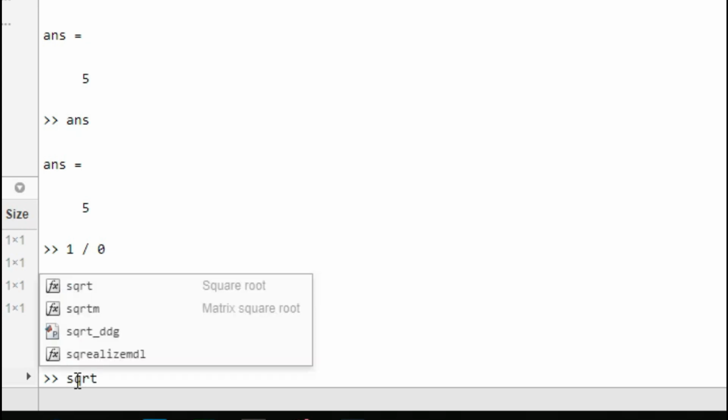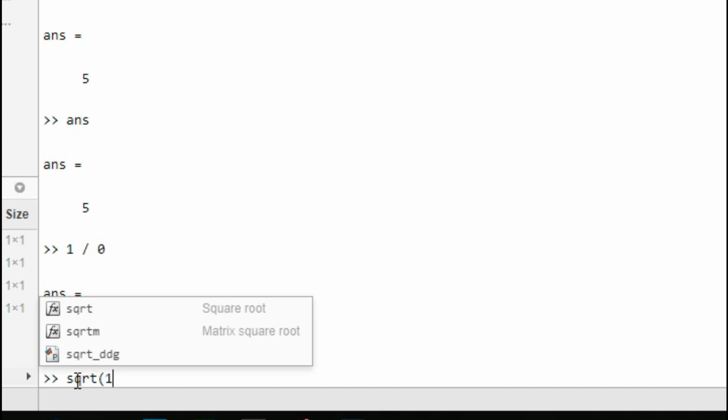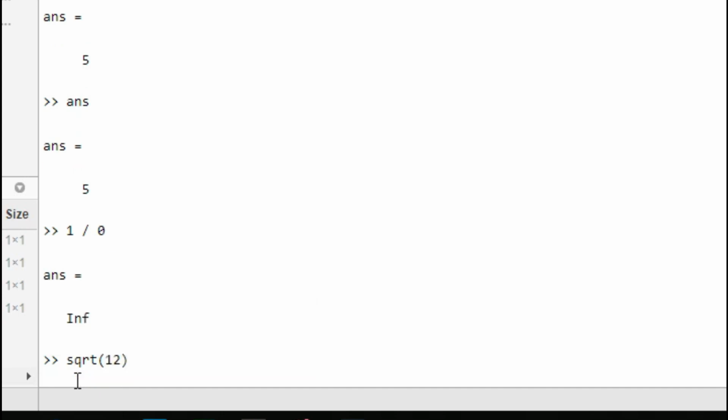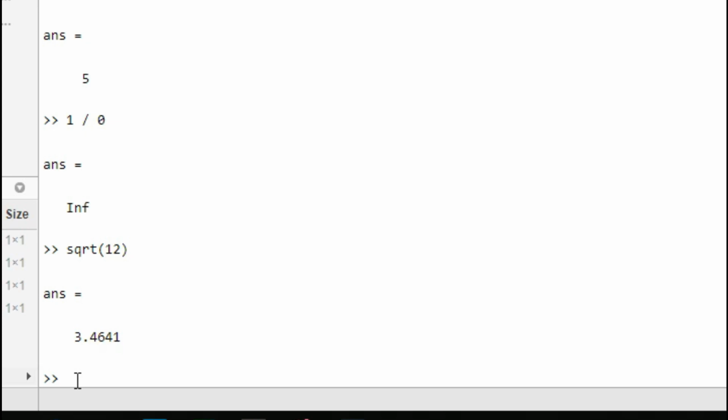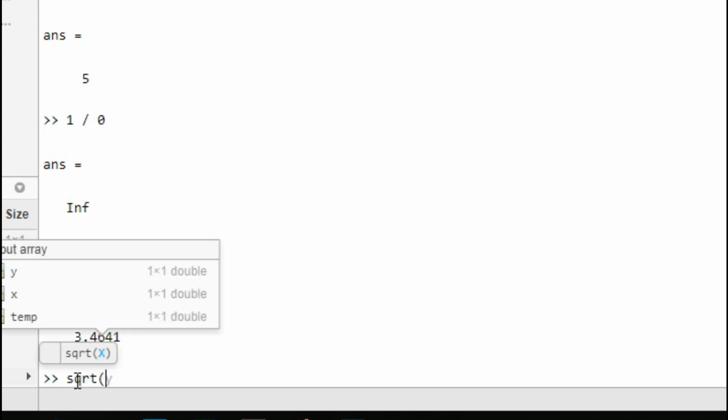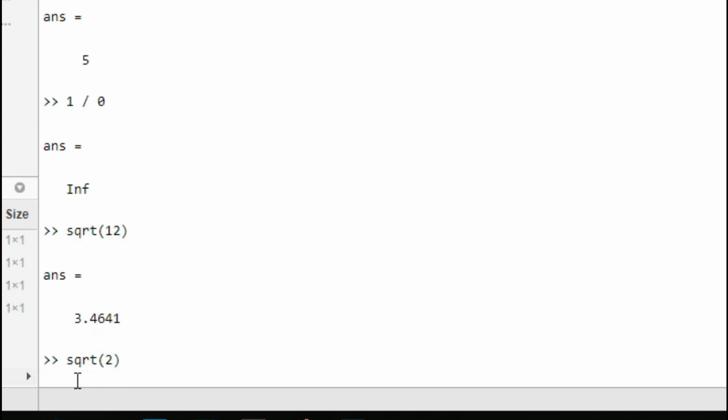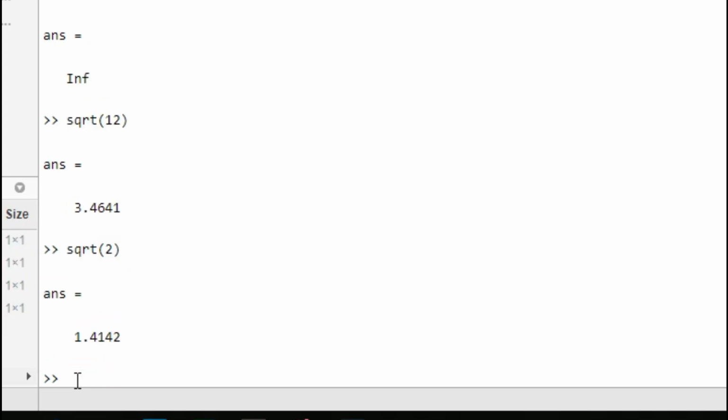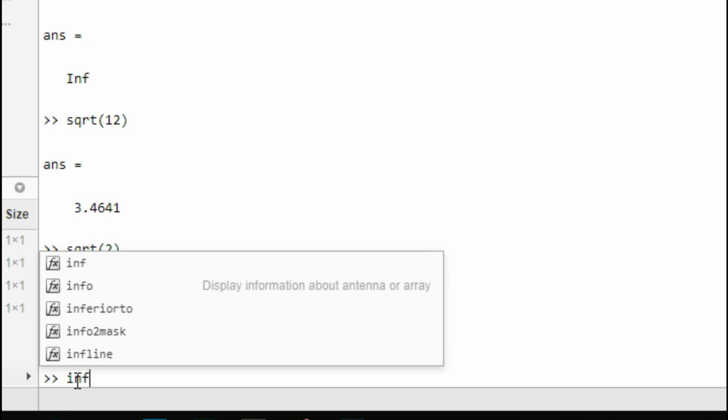sqrt of 12 gives the square root of 12, that is 3.46. Let's check sqrt of 2. We have 1.4142, which is the square root of 2. Let's check Inf minus Inf.